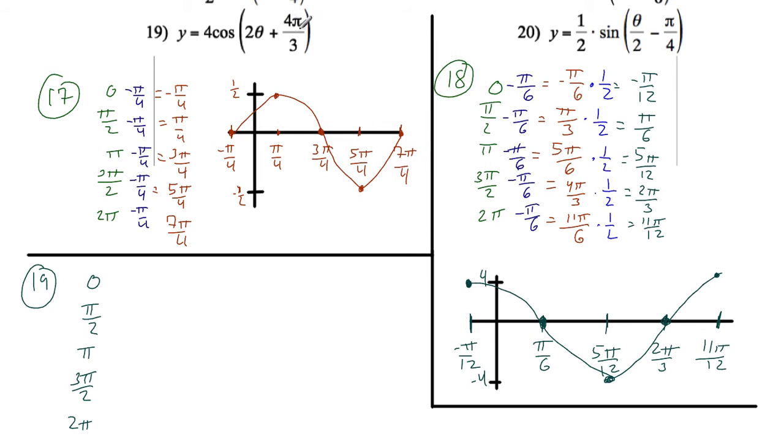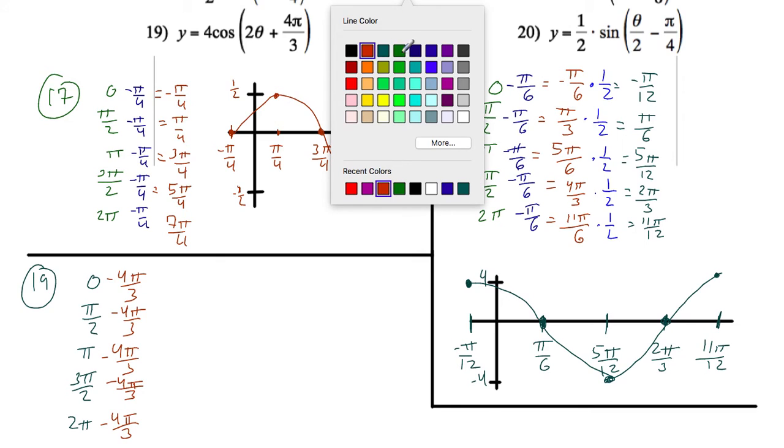And what we're going to do is we're going to do the opposite. So we're going to subtract by 4 pi over 3, minus 4 pi over 3, minus 4 pi over 3, minus 4 pi. Starting to lag again. And we subtract.